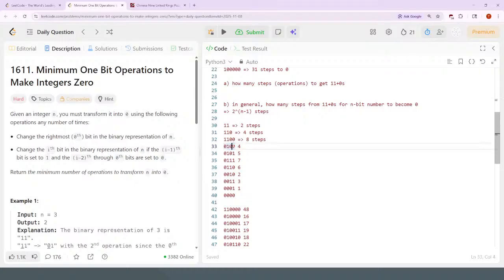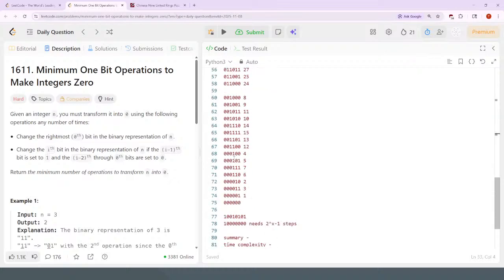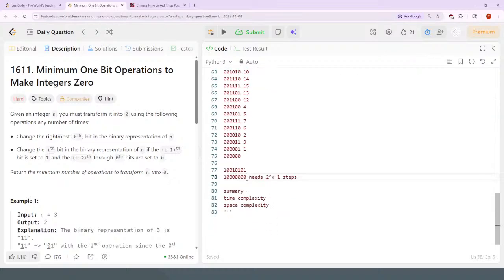The power of 2 is the number of bits this is. So if it's 1, 0, 0, there's 3 bits there, so it's going to be 2 to the third minus 1. So here it's 8 bits, so it's going to be 2 to the 8th minus 1. 2 to the 8th is 256, I think.